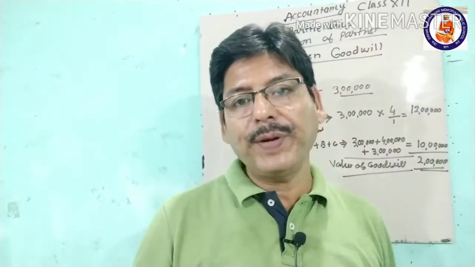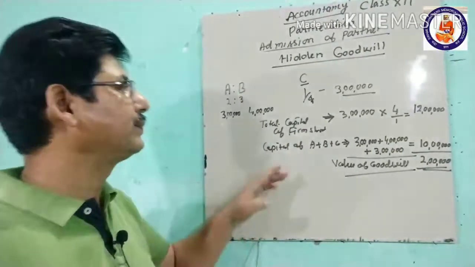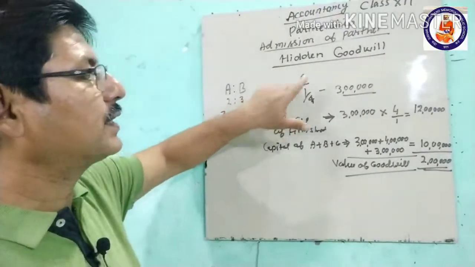Now, if we want to make the journal entries for that, what will we do? First journal entry: he brings capital.